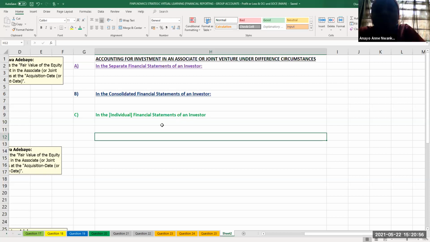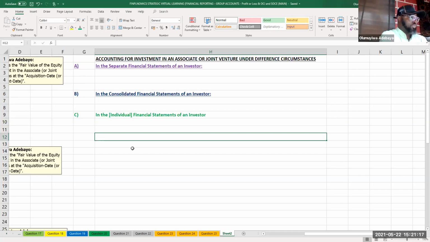The question is for you to distinguish between the separate financial statement of an investor, the consolidated financial statement of an investor, and the individual financial statement of an investor. Okay, that's in the case of having an investment. Okay, now let's go back to it.